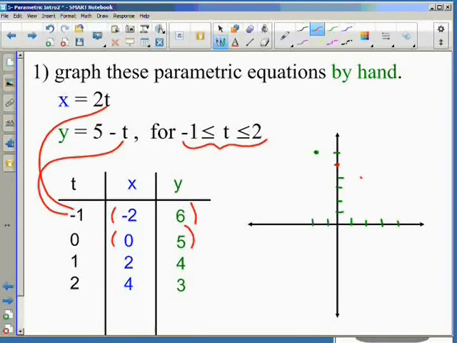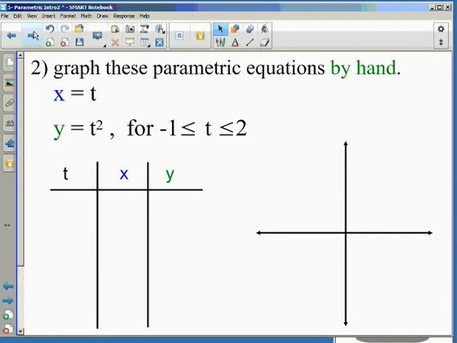And then lastly 4, 3. And what's happened is we now have a line segment, a directed line segment. Actually should have arrows showing the direction that it's going, because as t increases, the x increases but the y decreases. Okay, so that's the graph of the parametric equations given above.